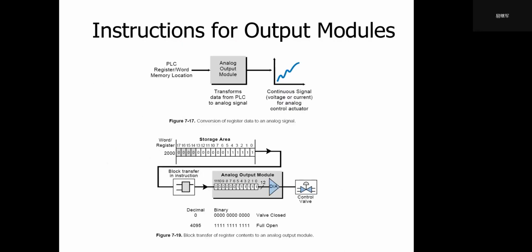Instruction for the output module: the word from the PLC is output to the analog output module. In the analog output module, the digital value is converted to the analog value.